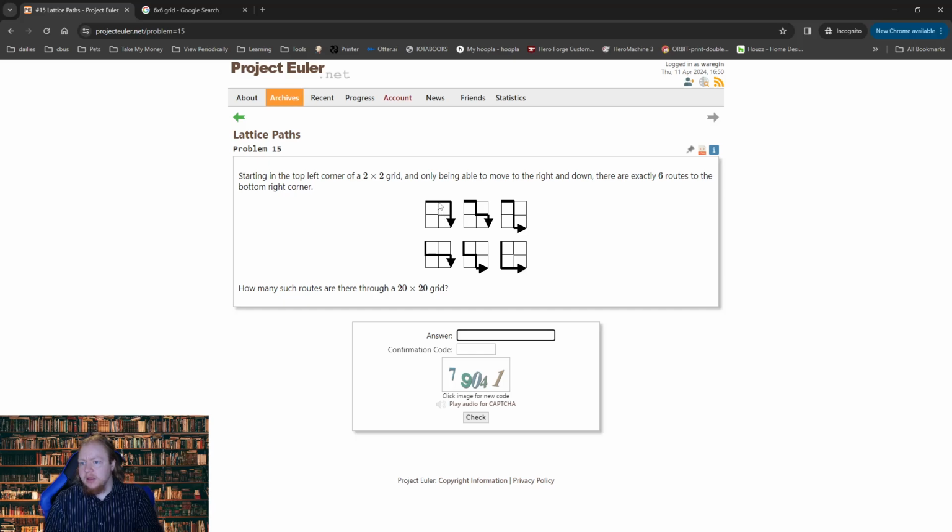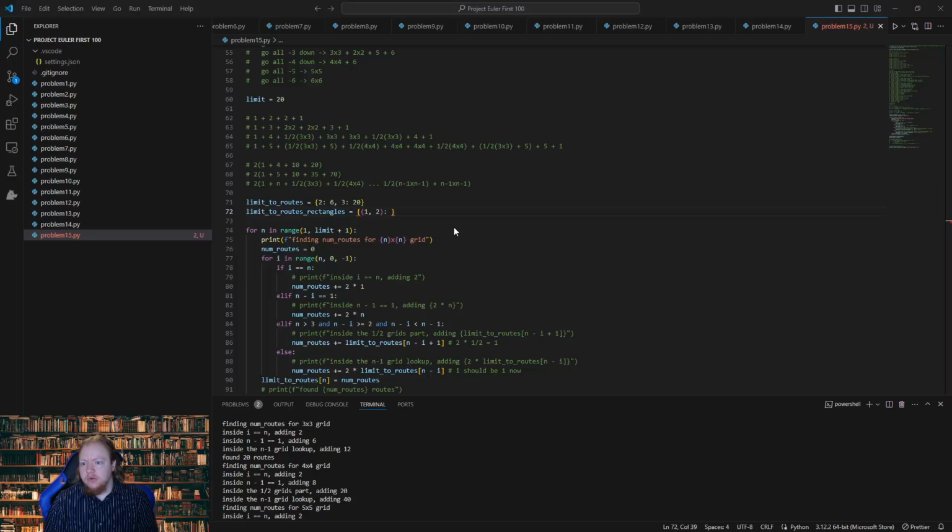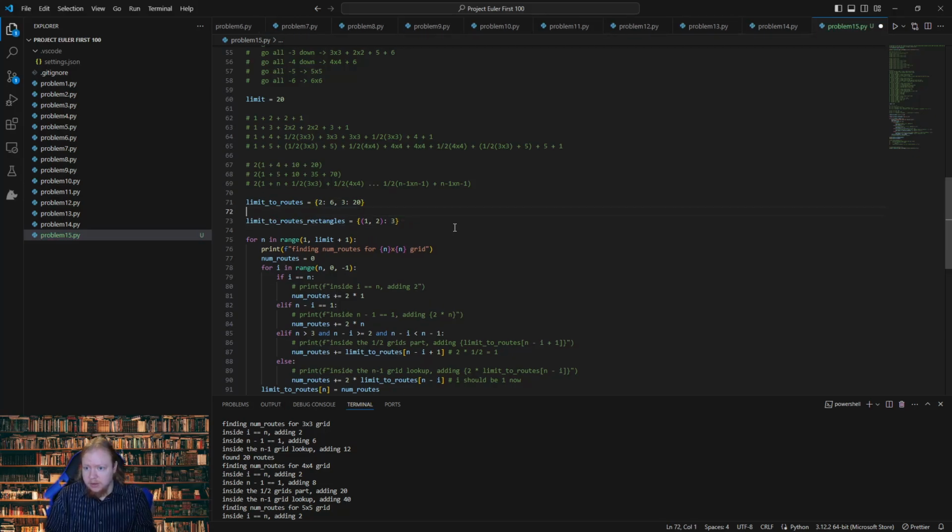So ignore half the square. If we start here, then there's 1 and 2 and 3 ways down. So 1 by 2 is equal to half of the 2, which is 3.